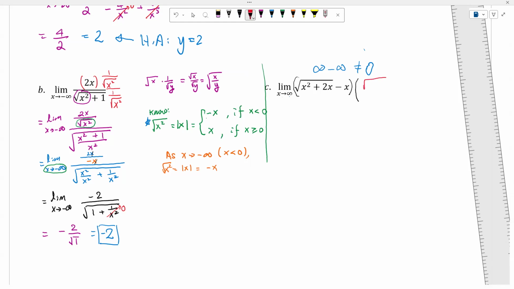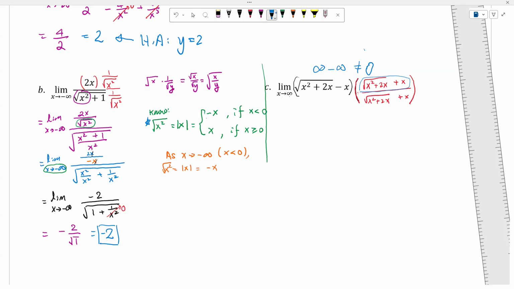It will be the square root of x squared plus 2x plus x over the square root of x squared plus 2x plus x. We cannot just do this to the top only. We have to multiply by 1, so we multiply top and bottom by the same expression.